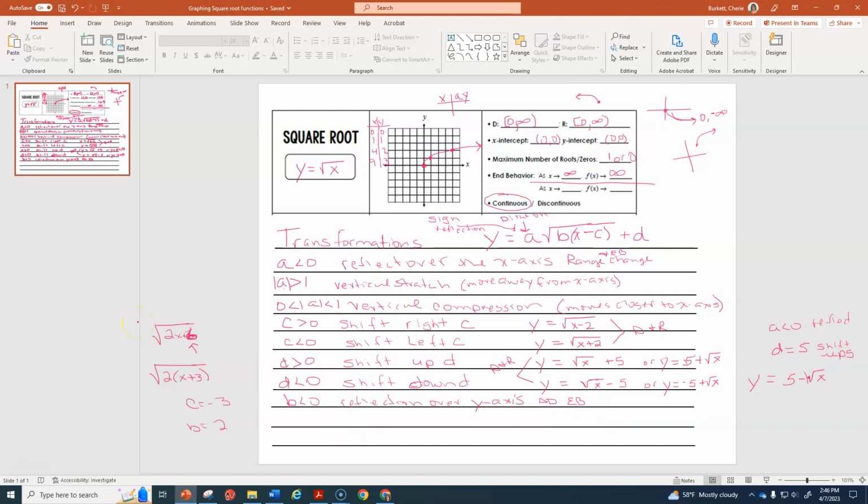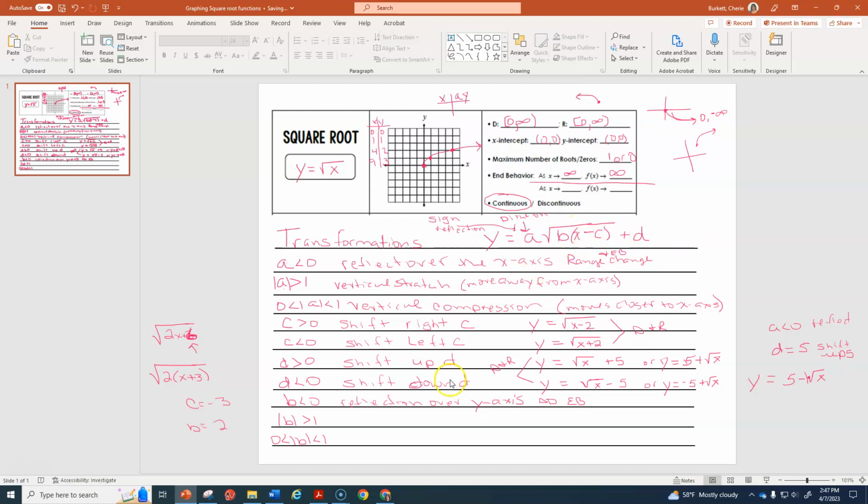And then B is going to be just like A. You're going to ignore the sign of B, and you can have B greater than 1, or you can have it between 0 and 1. So it's kind of like A, that it has the same changes, but what happens here is different. Because B's inside, just like C is, and C behaves the opposite of what we see.